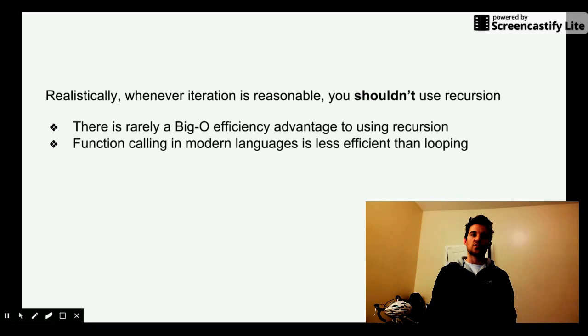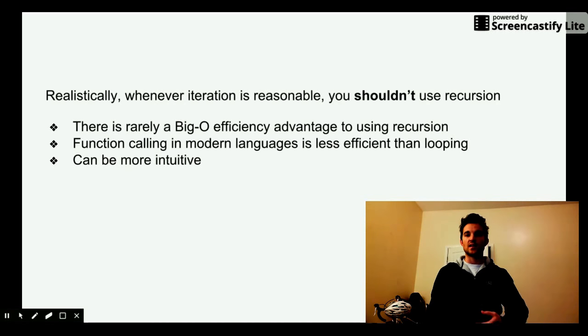It can be more intuitive as well to do something iteratively. Some of you may think that the factorial method was more intuitive to do recursively, going down the line of a series, a sequence, but some of you may have thought that the iterative method was more intuitive.